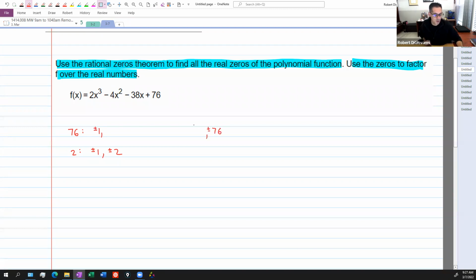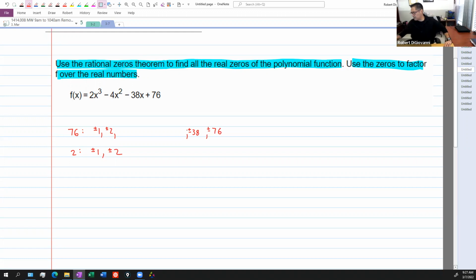How many times does 2 go into 76? 38. Right, 38 times. Does 3 go into 76? So you literally really want to have your calculator.